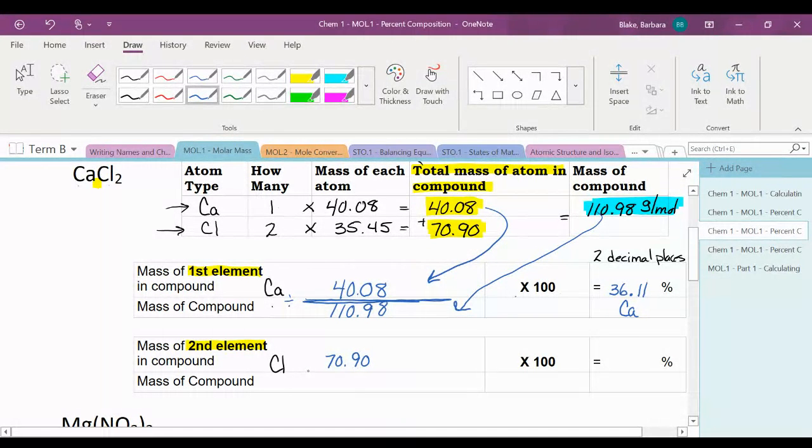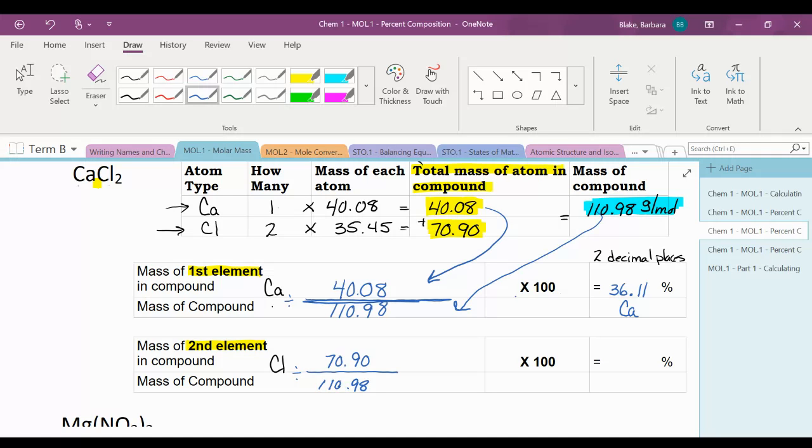And I am going to divide that by the total mass of the compound. So this 110.98, and I'm going to take it times 100. So in my calculator, I'm going to take 70.90. I'm going to divide it by 110.98 and take it times 100.